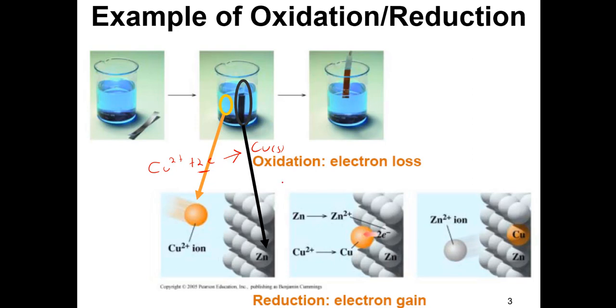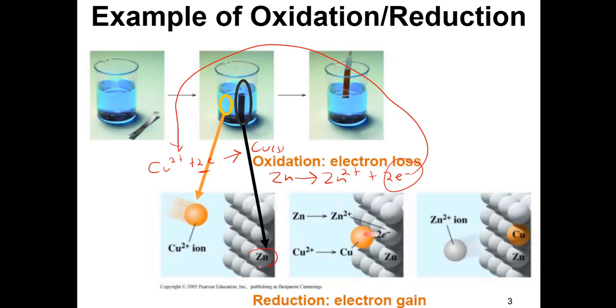At the same time, zinc is going to give off 2 electrons, forming a zinc ion with the loss of those 2 electrons. And those 2 electrons given off by zinc are going to be given to the copper ion in order to form the solid copper.